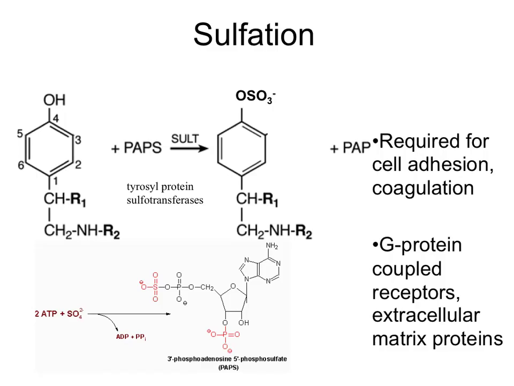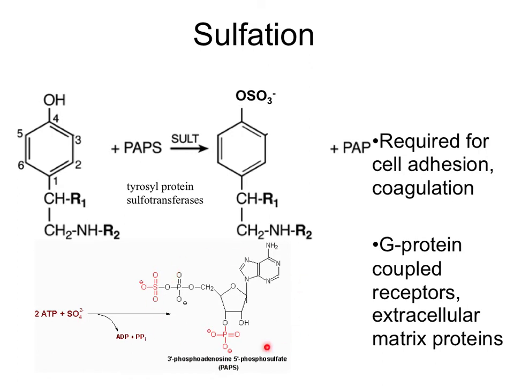Tyrosine sulfation is a post-translational modification mediated by one of two Golgi isoenzymes called tyrosyl protein sulfotransferases 1 and 2. The tyrosyl protein sulfotransferases require phosphoadenosine phosphosulfate, or PAPS, and that provides the sulfate group to transfer onto the tyrosine, going from a neutral to now a negative charge.